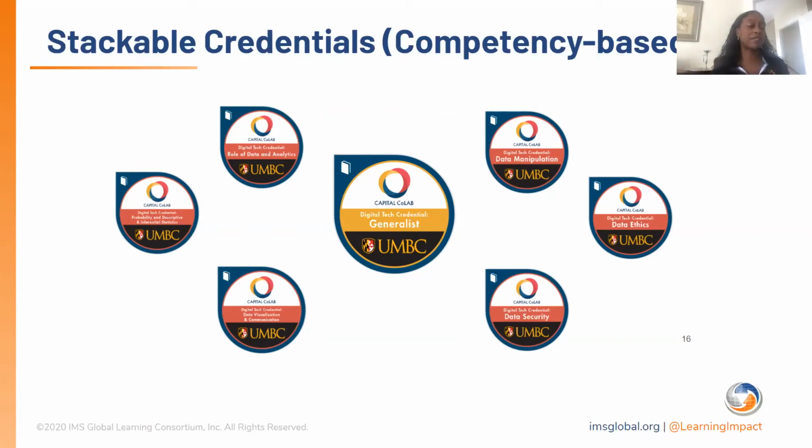They could complete these badges at a quicker pace, and then be able to stack to this larger credential that the Greater Washington Partnership is endorsing, and it is then making known to their employers that, hey, we have students who have completed these different competency areas, have demonstrated the skills that you've said are important, and are ready to join your workforce. So next slide.